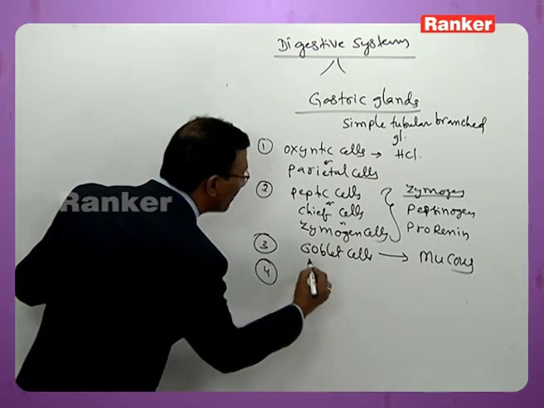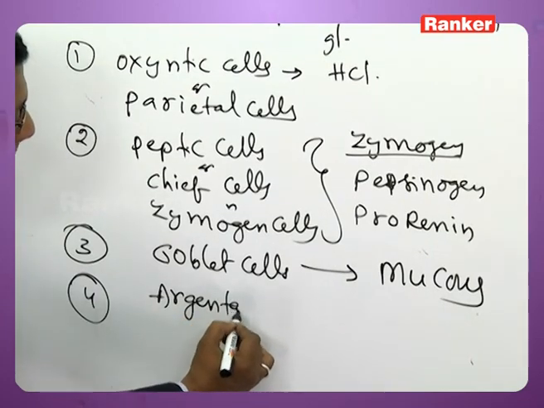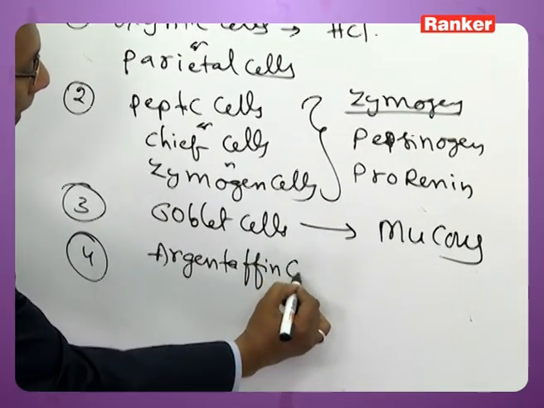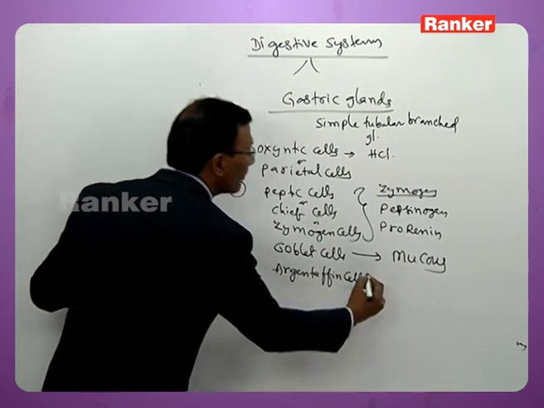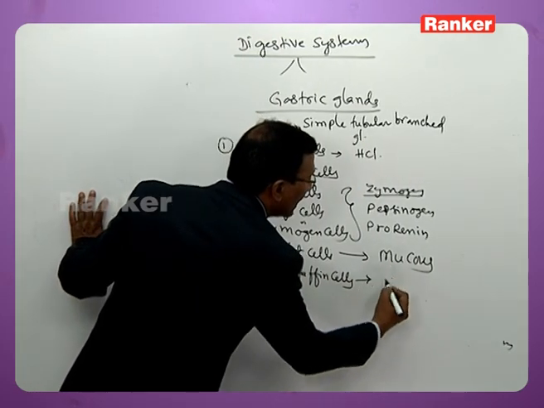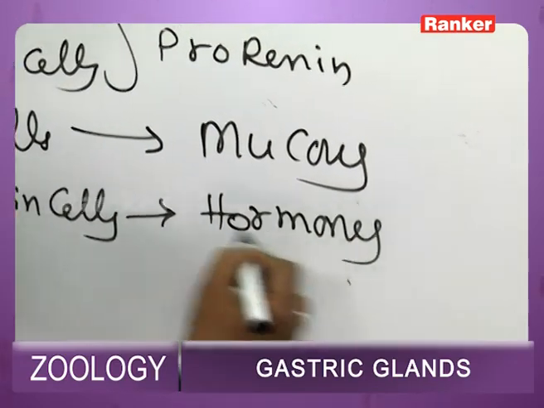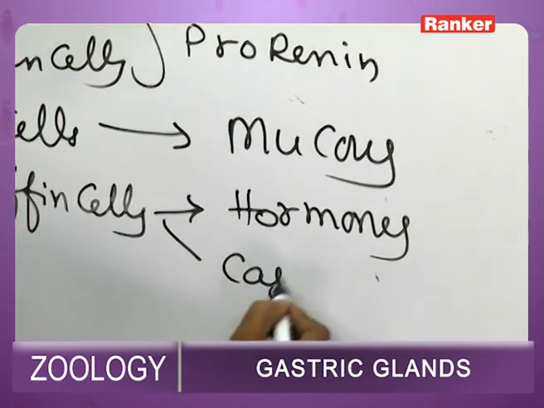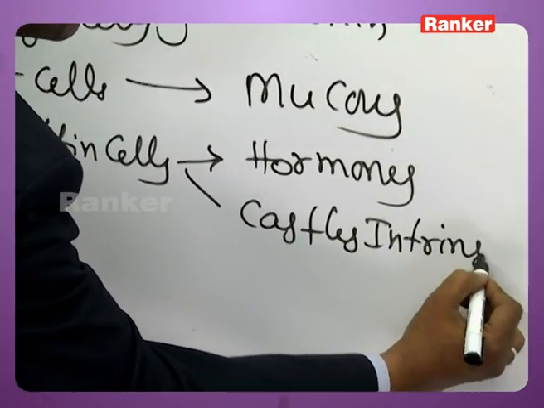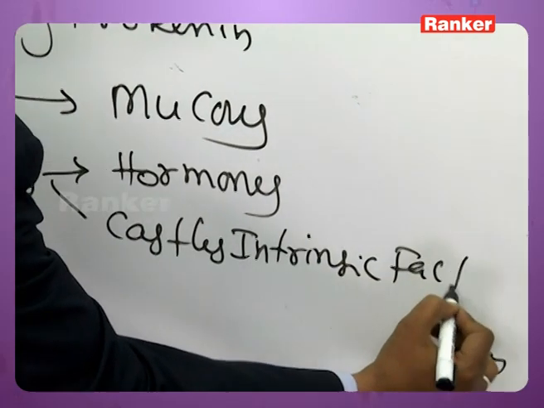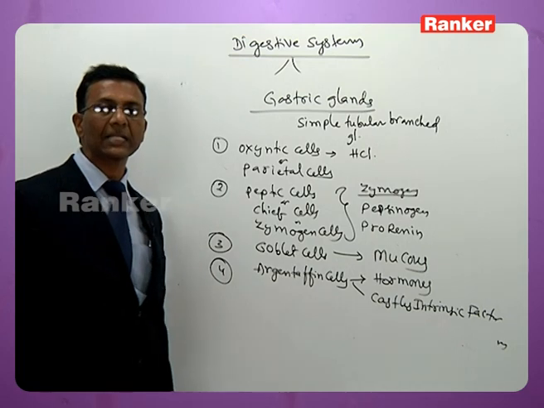The next you have argentophil cells. These argentophil cells secrete hormones and Castle's intrinsic factor.